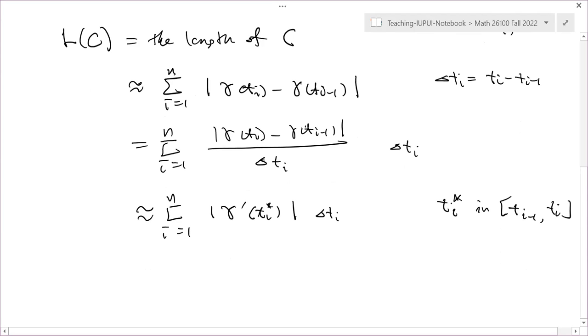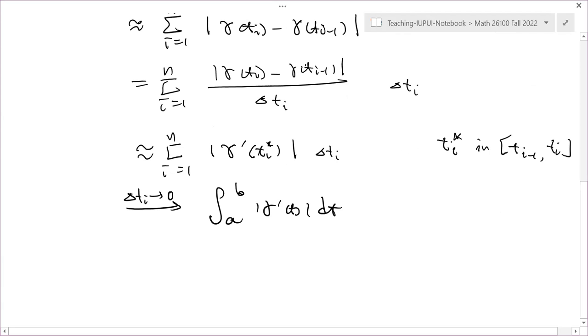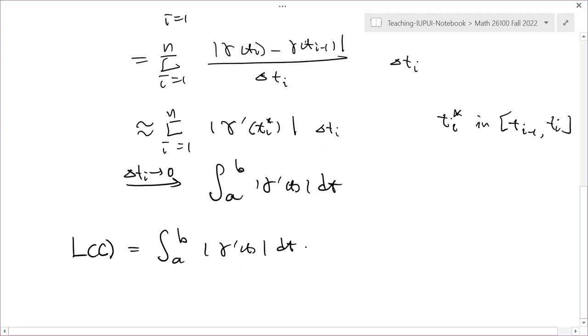Then if you pass to the limit, all the delta t_i approaching 0, this is going to be the integral of the length of gamma prime t dt. Therefore, it's reasonable to define the length of the curve by this integral. So we get this formula, and that's how we find the length.